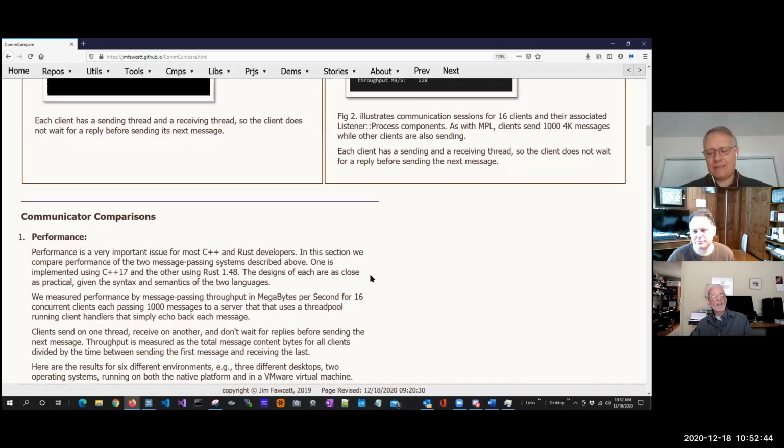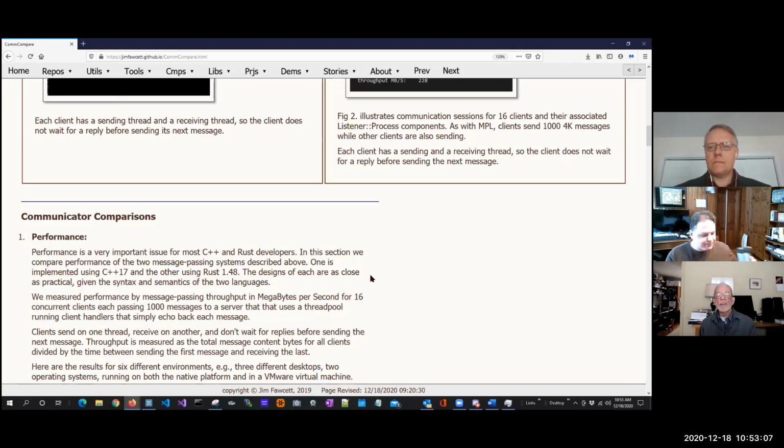So let's start with the comparisons. The most important thing to us was performance. Lots of people say Rust is as fast as C++, or no, it's not as fast, or it's faster, or so what. And we wanted to give this a really good, fairly deep view.